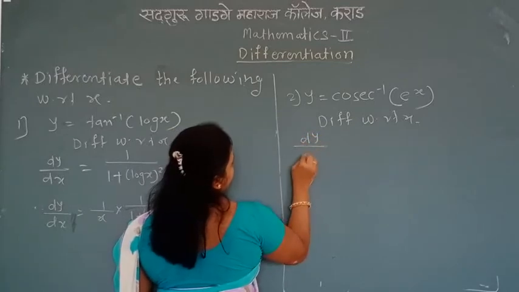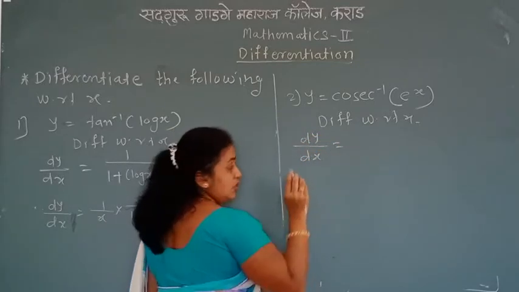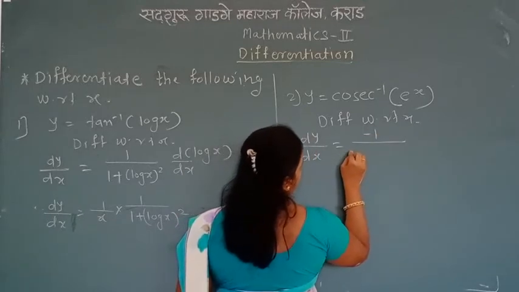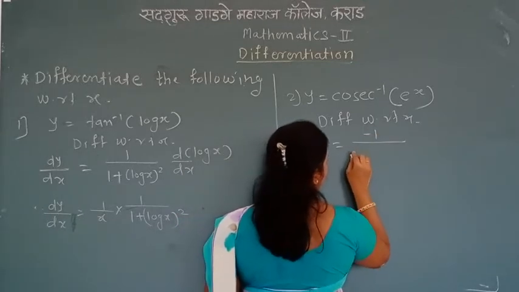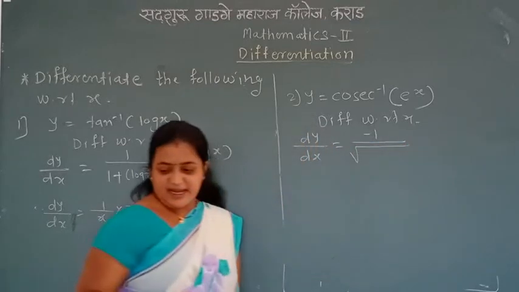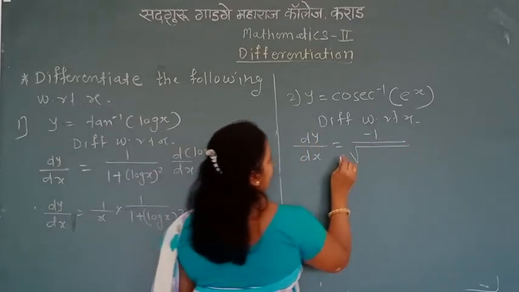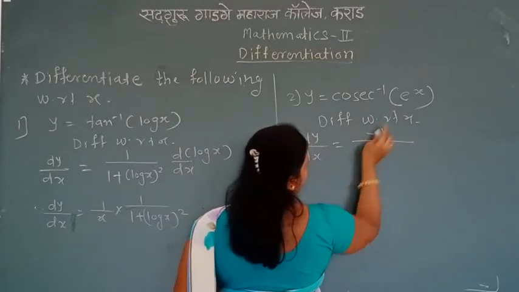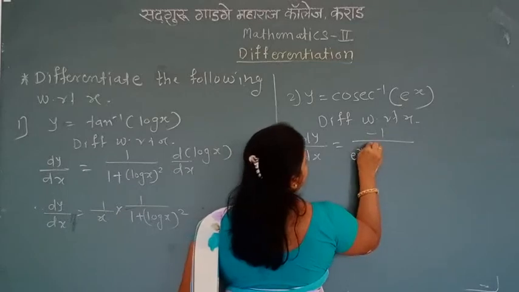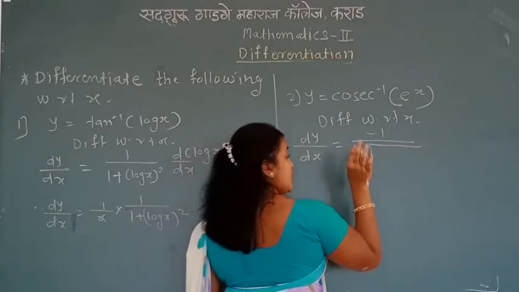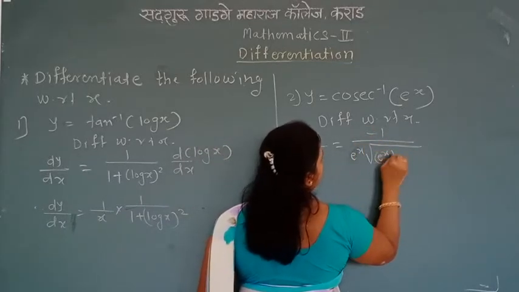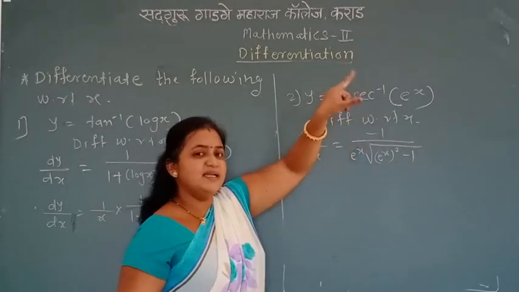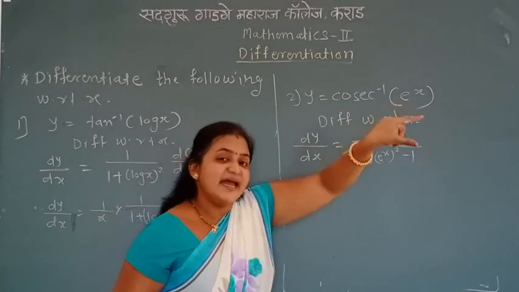So dy by dx is equal to minus 1 upon x multiply square root of x square minus 1, because the cos inverse x formula is minus 1 upon x square root of x square minus 1.